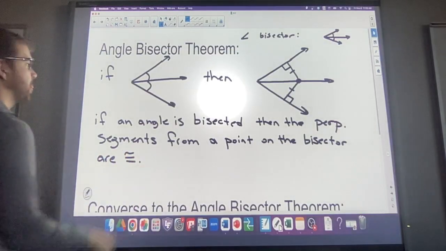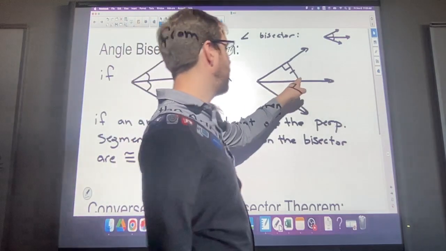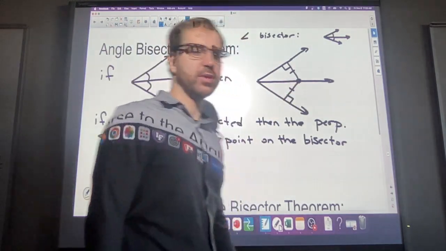Okay? If it's being bisected, from any point on there has to make congruent perpendiculars.